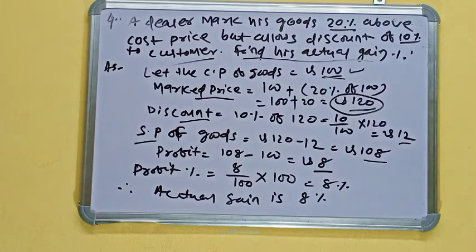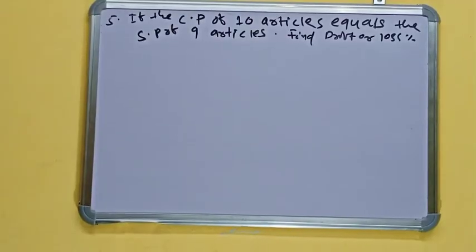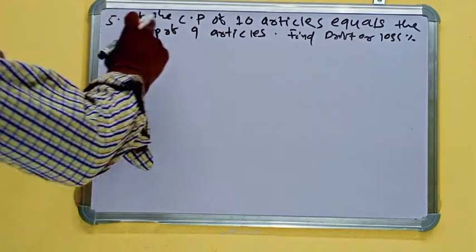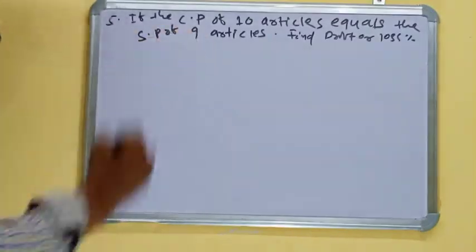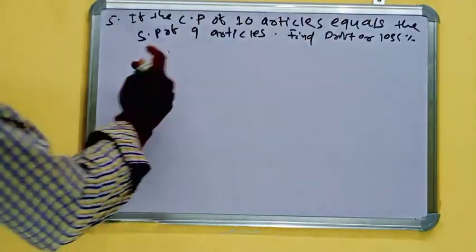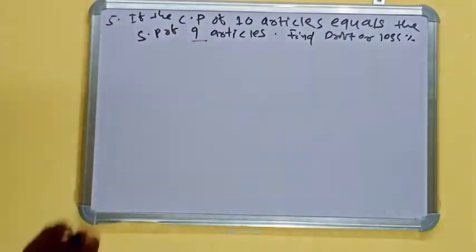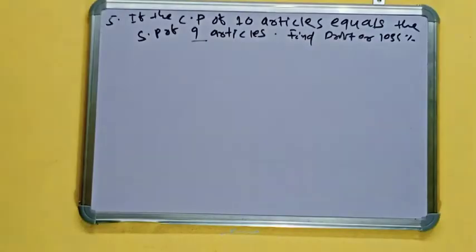Then the next question is, if the CP of 10 articles is equal to the SP of 9 articles, then find the profit or loss.